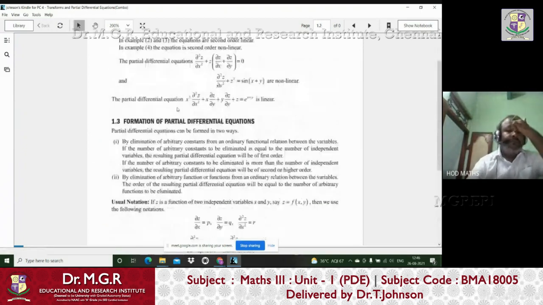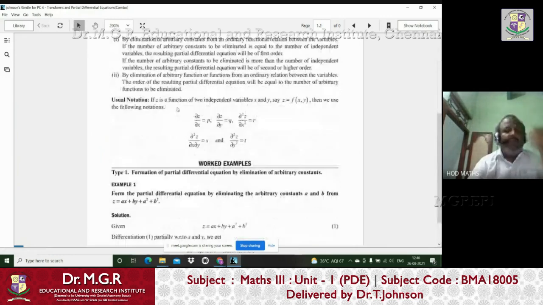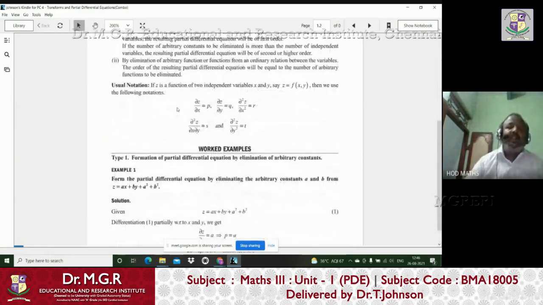Now, before moving on, I want to tell you some standard notations used for these partial derivatives, because writing dou z by dou x, dou z by dou y, dou square z by dou x square, dou square z by dou y square every time is very, very difficult, right? Usually in an ordinary differential equation you use y dash for the first derivative and y double dash for the second derivative.